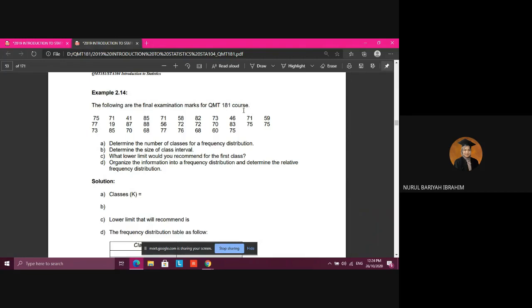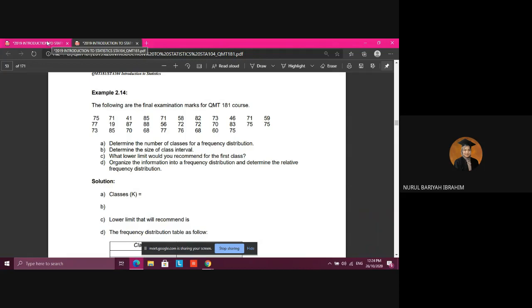So from here, berapa ada semua? 11, 11, 11, 9. So it is 31. We have 31 observations. So how many classes that we should create?